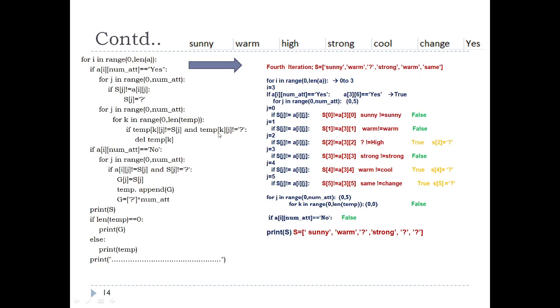That means it is not consistent with the specific hypothesis. If that kind of hypothesis is there in the temporary list, then we need to eliminate that hypothesis from the temp. So that is the concept here.